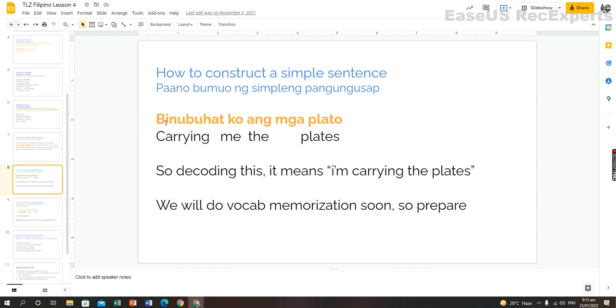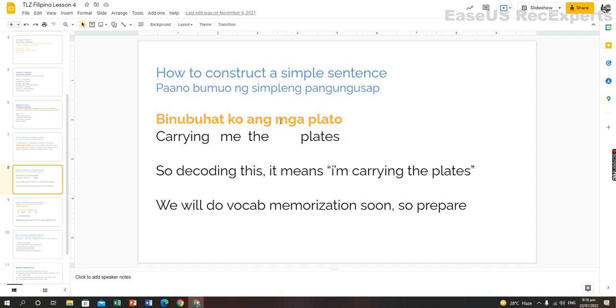Of course, binubuhat, carrying, ko meaning me, ang is like the, mga. Our nouns don't have any plural words, so we use mga to emphasize that it's more than one.